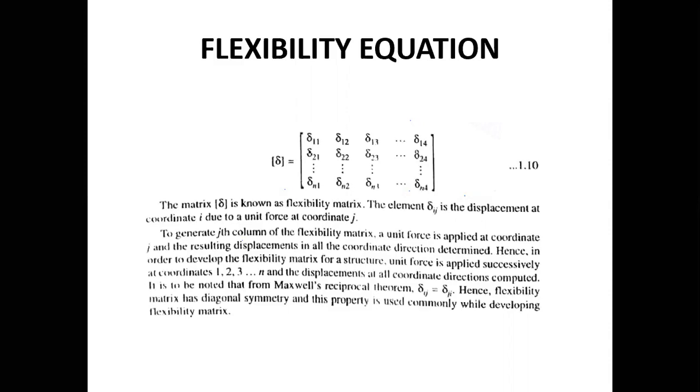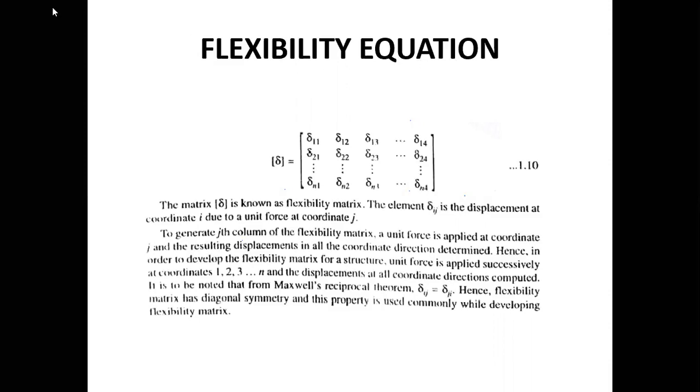Whereas in the stiffness matrix method, we calculate the kinematic indeterminacy and proceed further for the calculation of the required forces like shear force, bending moment, and do the complete analysis of a structure. So for the flexibility matrix method, we need to calculate static indeterminacy, and for the stiffness matrix method, we need to calculate the kinematic indeterminacy.